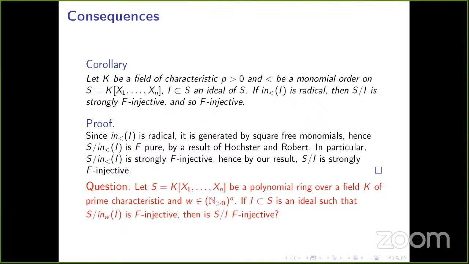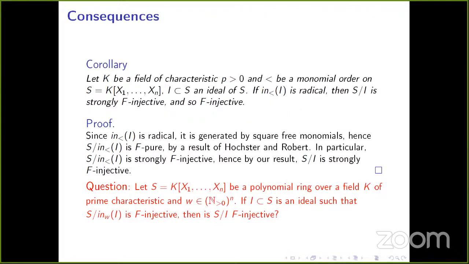Since the initial ideal is radical, it is generated by squarefree monomials. Hence, S mod the initial ideal is F-pure by a result of Hochster and Roberts. Then in particular, this is strongly F-injective. And by our result, S mod the initial ideal being strongly F-injective implies S mod I is strongly F-injective. In particular, S mod I is F-injective.